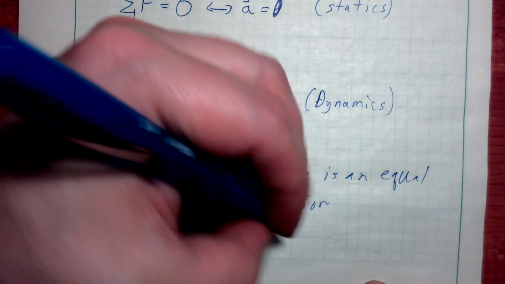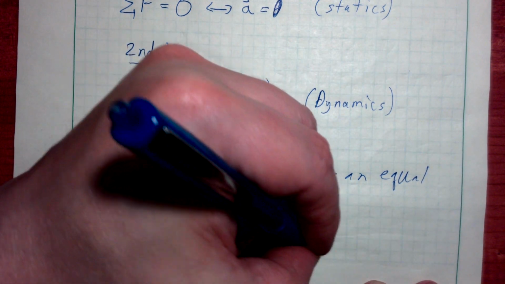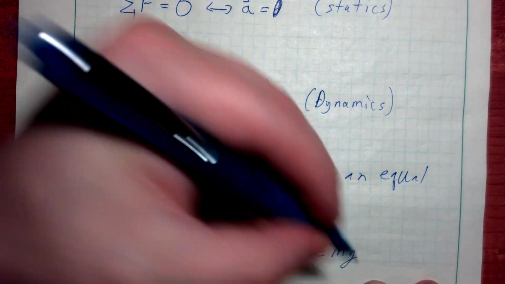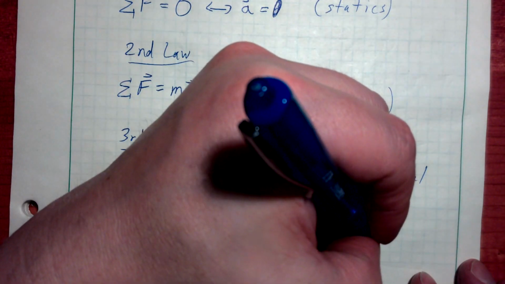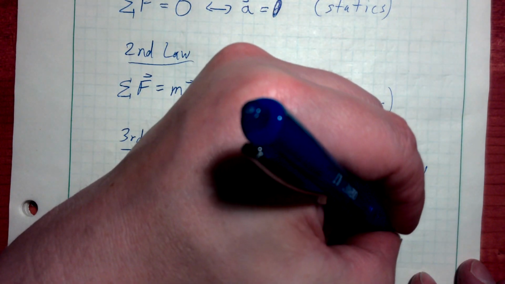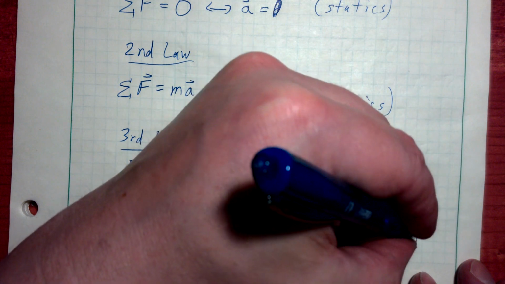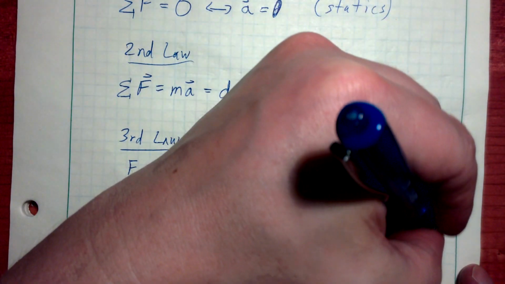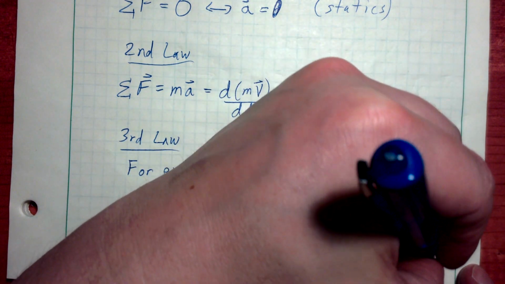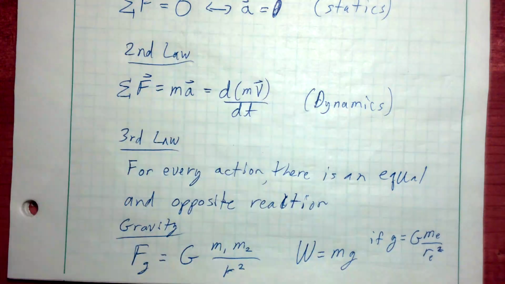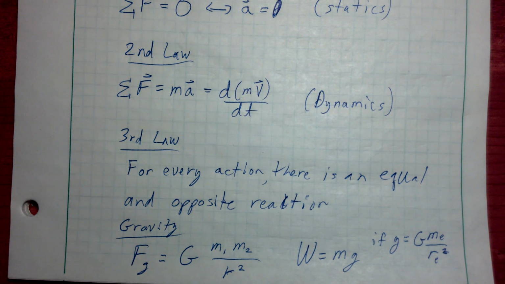Now this translates down into where we say that weight is equal to mass times little g, where little g is equal to capital G times the mass of the Earth divided by the radius of the Earth squared.